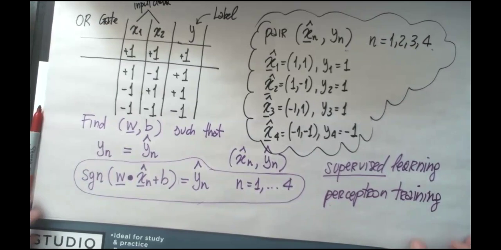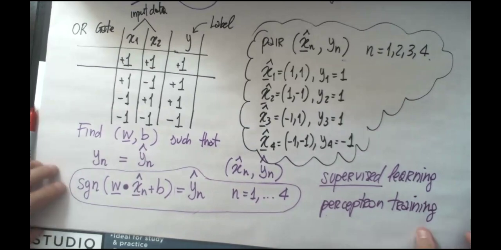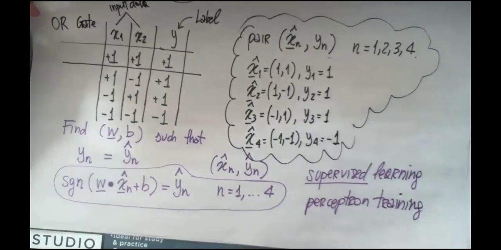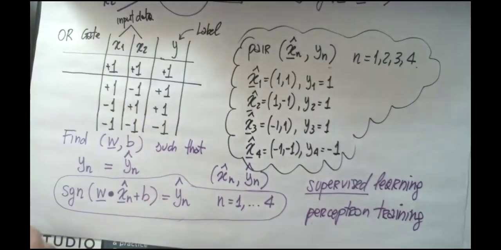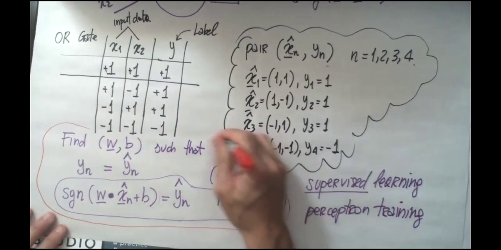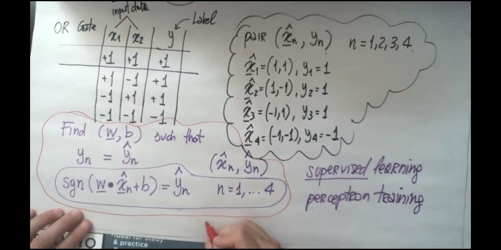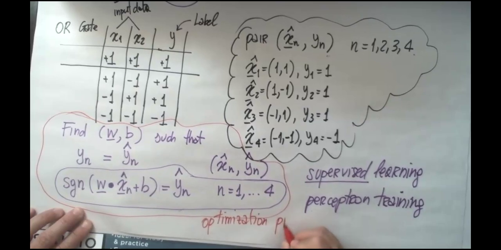So that basically we can model the OR gate with a perceptron. But before going to the details of this, we will transform it into an optimization problem.